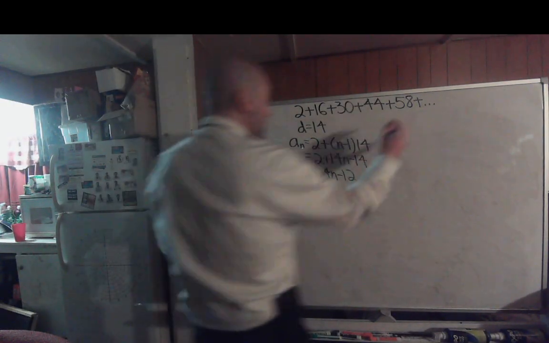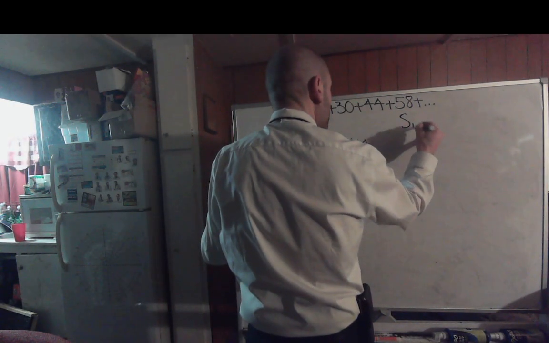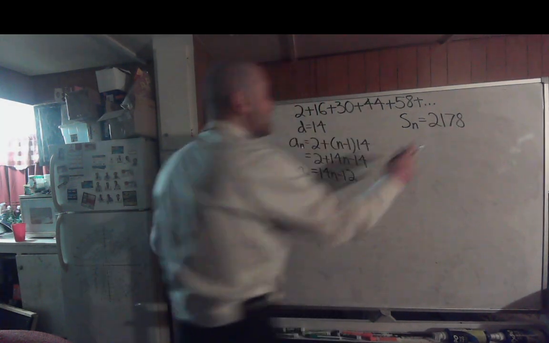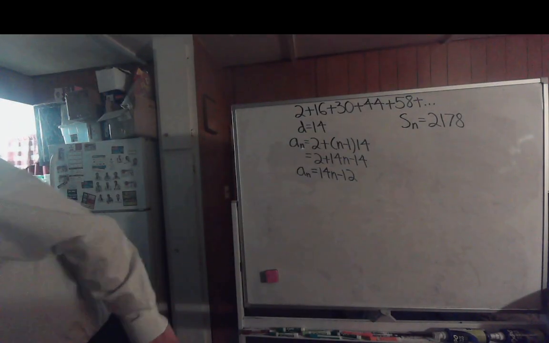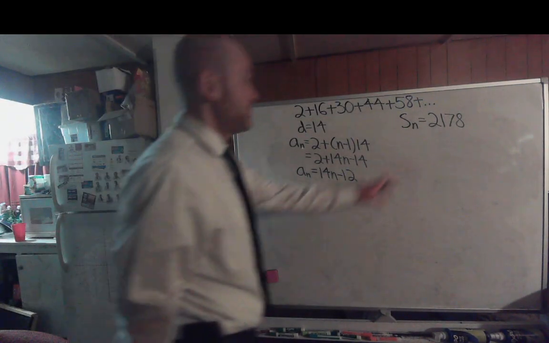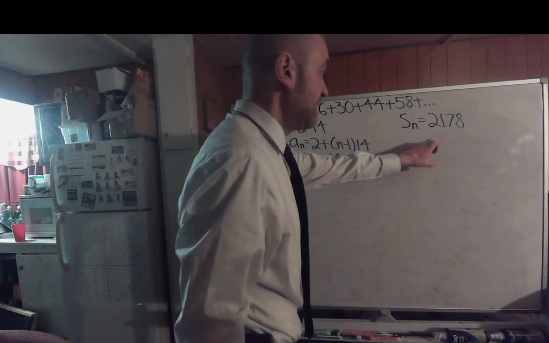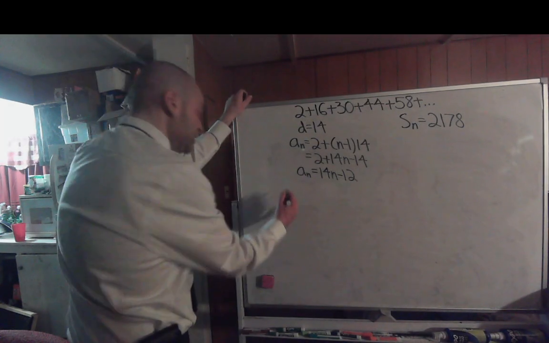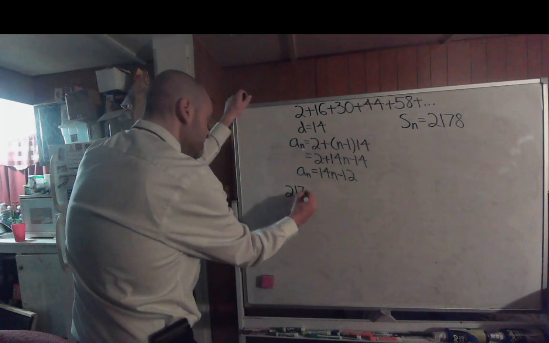And there's one more part to the problem. We need to find the sum of how many terms equals 2,178. So we're going to find the sum of how many terms equals 2,178. Okay, so the sum is 2,178.